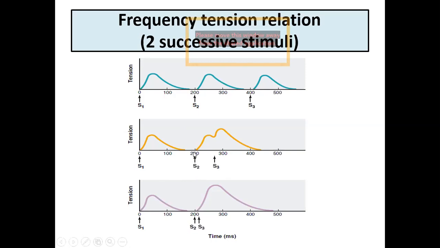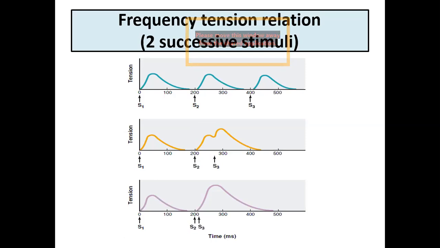You have applied the stimulus, you have got the action potential, and you have seen the contraction. During the relaxation, you have given another stimulus. So what happens during the relaxation? Stronger tension resulted. What normally happens to cause relaxation? The calcium ATPase pumps the calcium back to the SR. Yes.